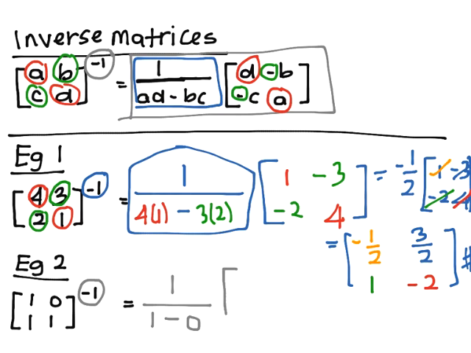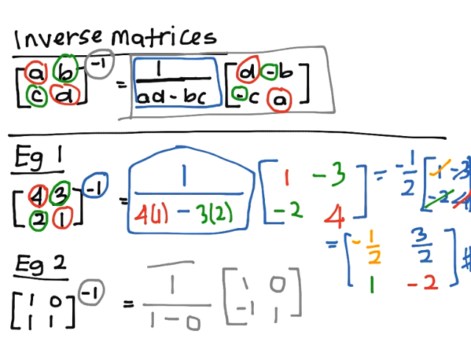And then inside the matrix, the positions of A and D will be changed. Since coincidentally we have both values the same, we also will have 1 and 1. And then we need to put negative on the values of B and C. Since our value of B is 0, negative 0 also will come up with 0. And for the C position, which is 1, we put negative on it, so we have negative 1.